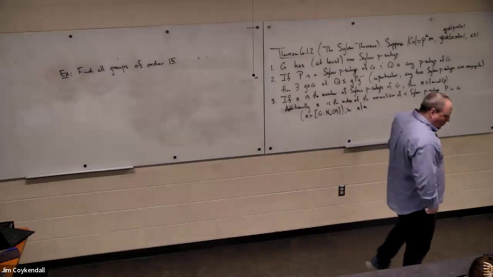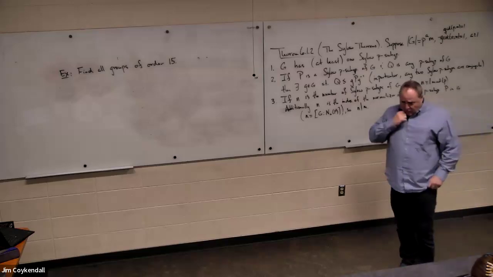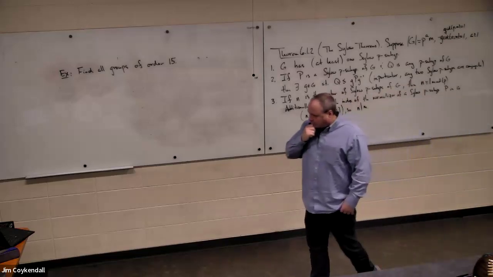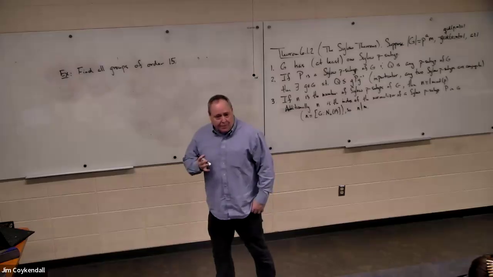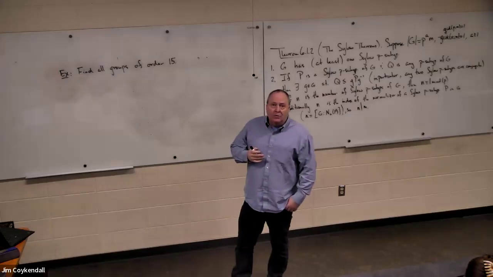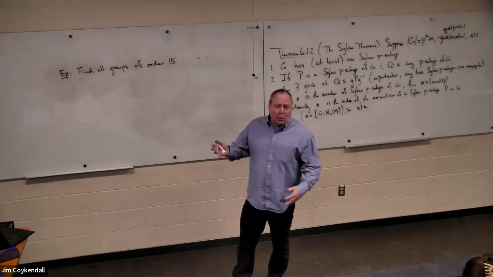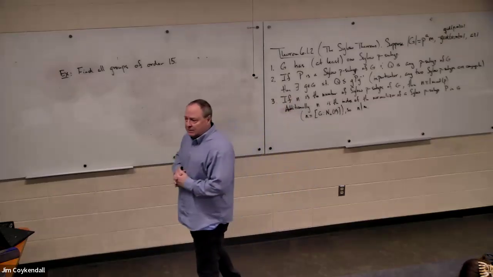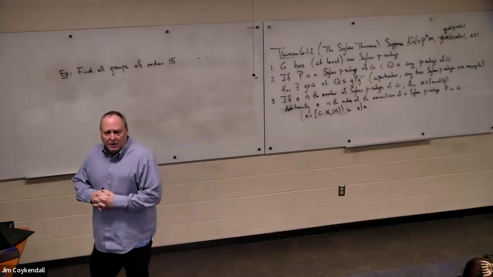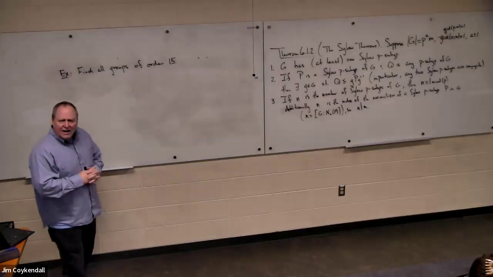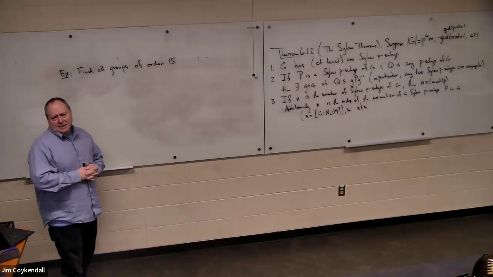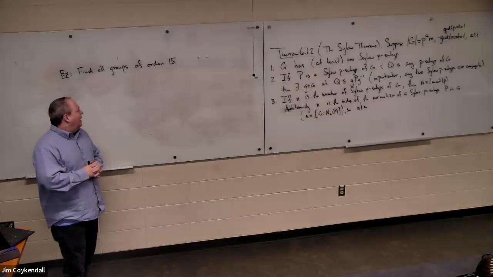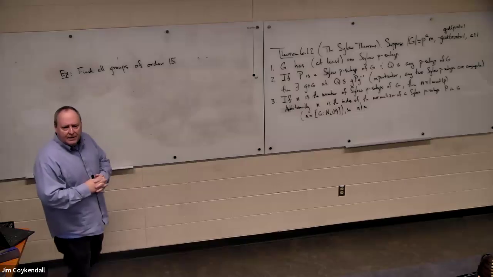I want to understand what every possible group of order 15 looks like. This can be kind of a tricky problem. How many groups of order 12 are there? There's 5 different possibilities, as a matter of fact. For 10, there's 2. For 16, I believe there's 14 possibilities, right? How many are there for 15?